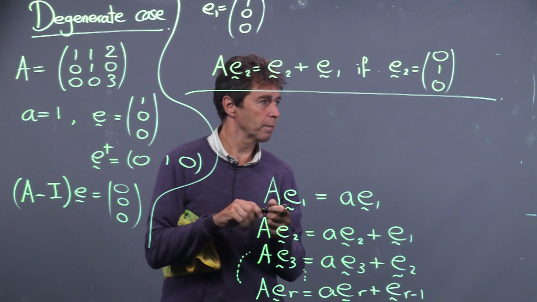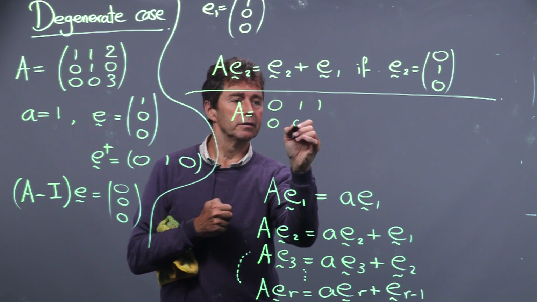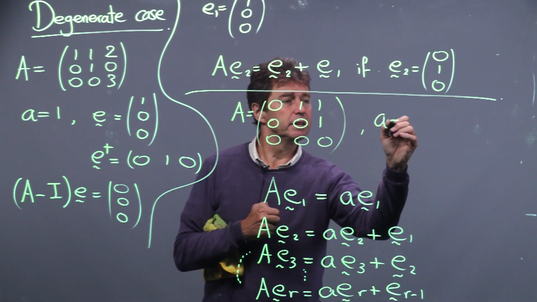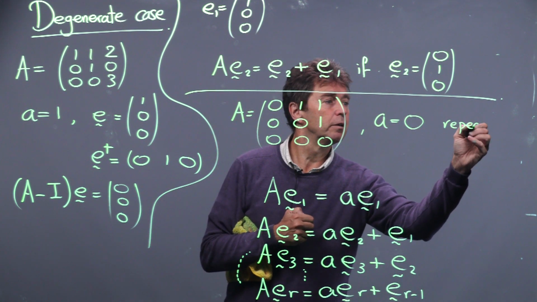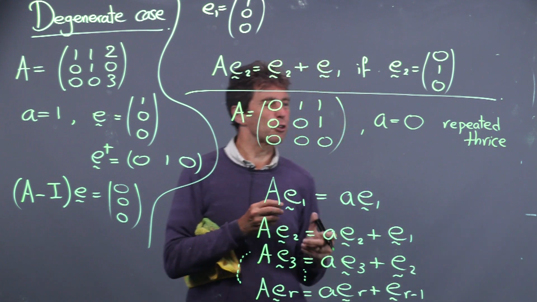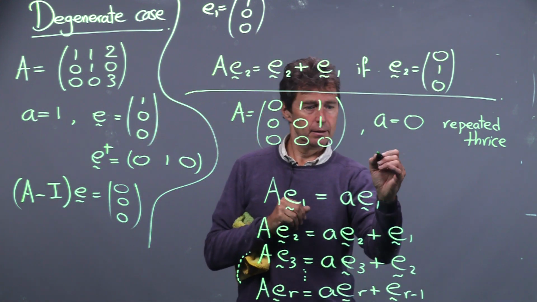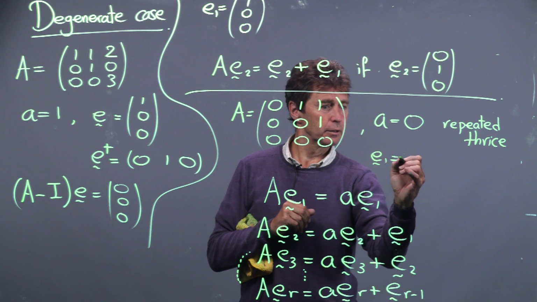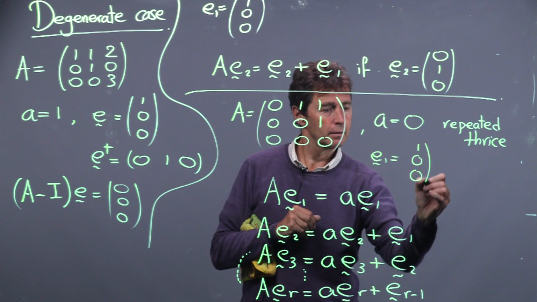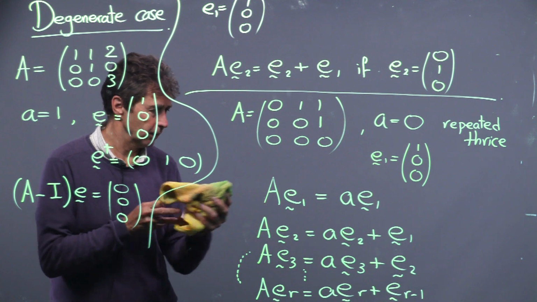Let's do another quick example. Let A be equal to 0, 1, 1, 0, 0, 1, 0, 0, 0. In this case, the eigenvalue a equal to 0 is repeated three times. You can verify that E1 is equal to 1, 0, 0, so that's satisfying this equation.